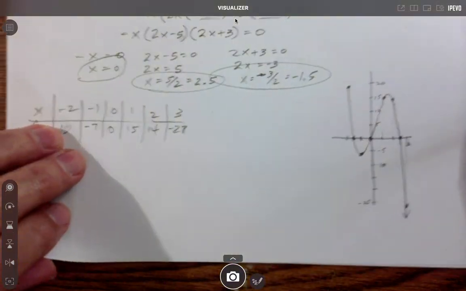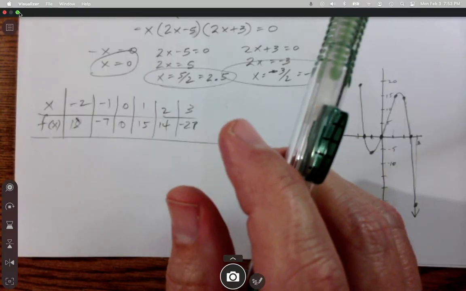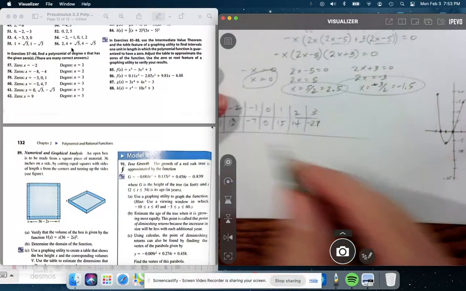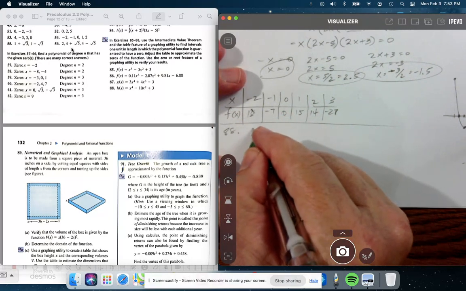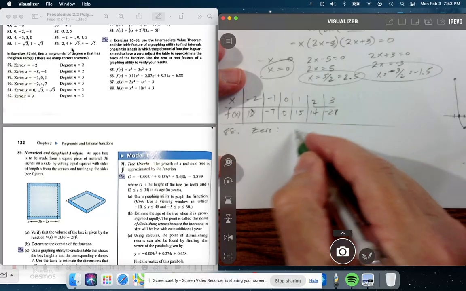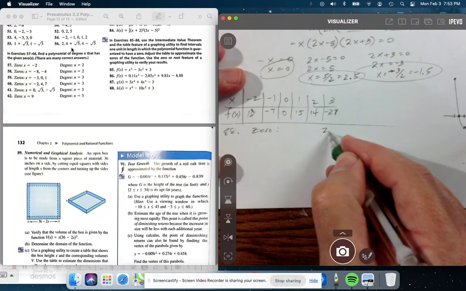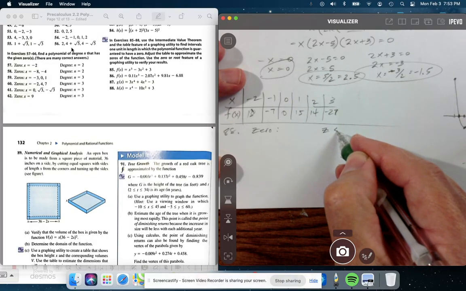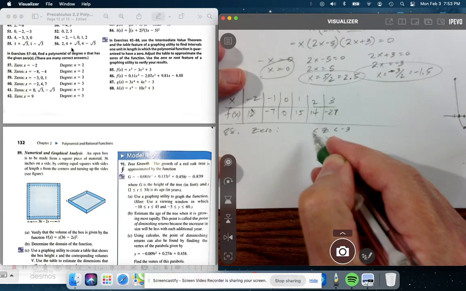So for problem, what problem is this? 88. I know that I have a 0, I'll just use z for 0, somewhere between -3 and -4.